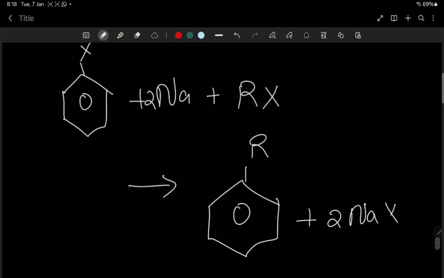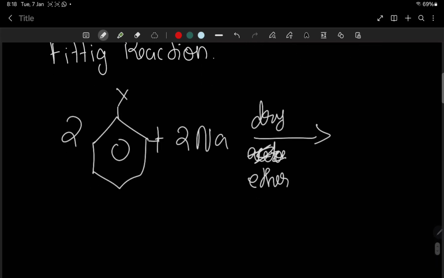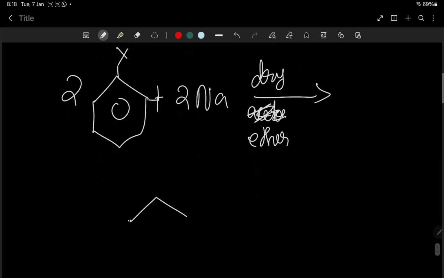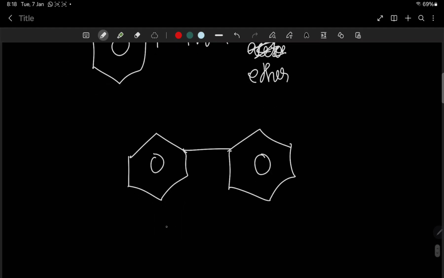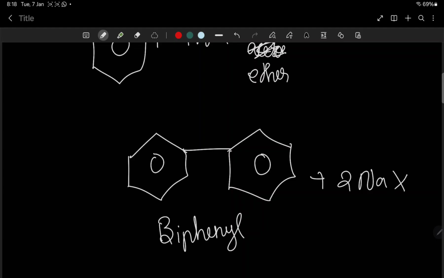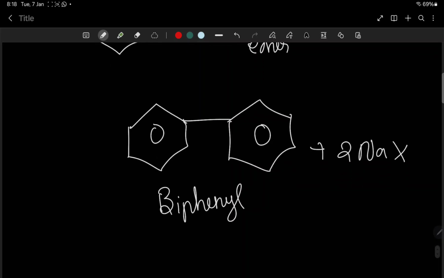Here also there was dry ether medium. We get, I'll draw neatly, biphenyl as the product. Biphenyl and NaX. By this, the reactions with metals come to an end.